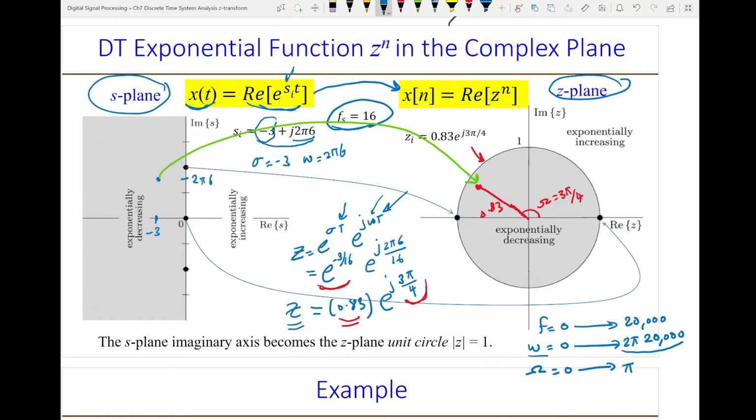So the minimum omega, 0, in the S plane will be here. So this is omega equals 0, and let's call this point here the maximum omega for the speech, which is 2π × 20,000.